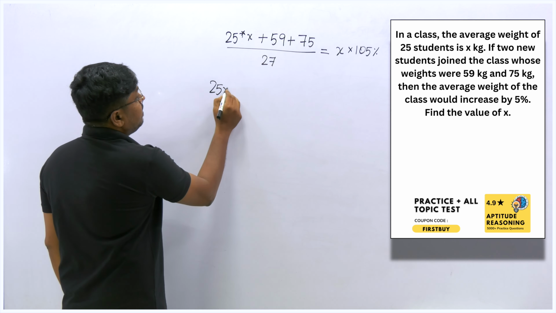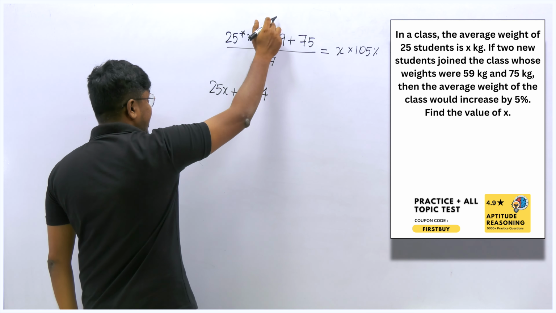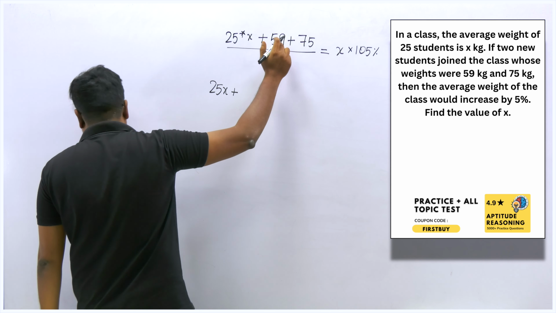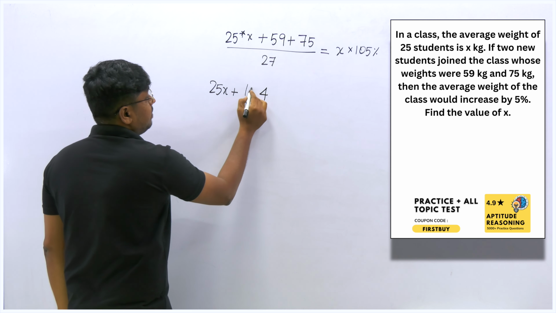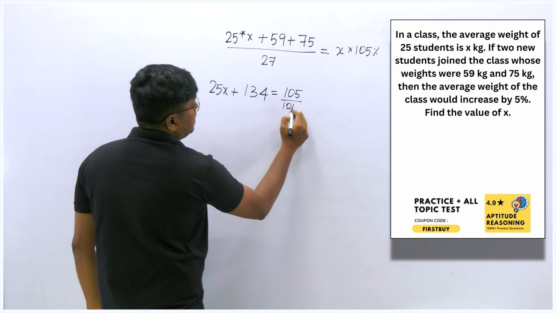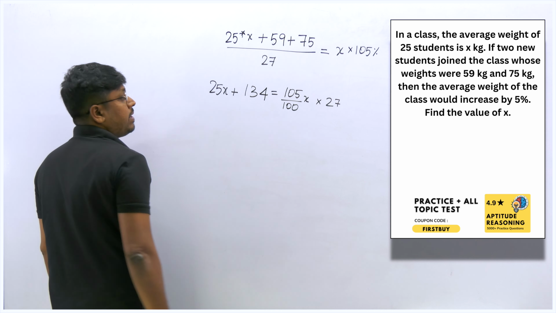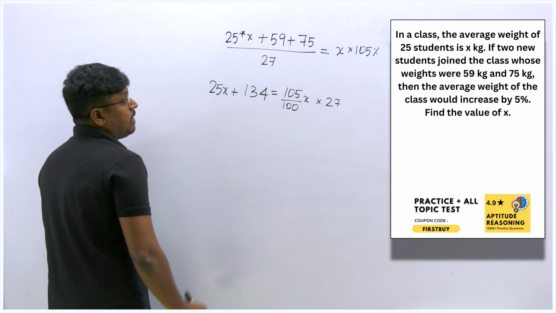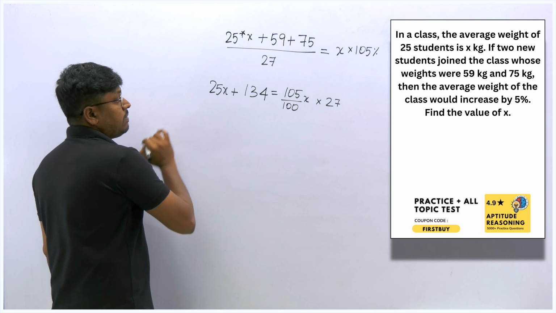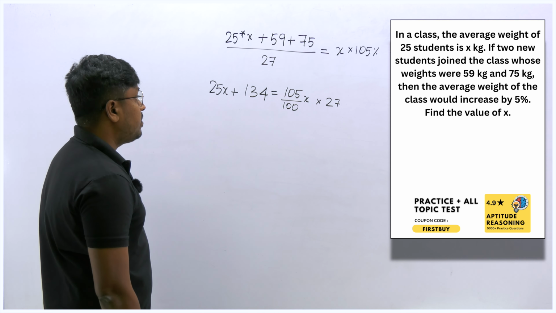So now we can cancel it. This will be 25x plus 75 plus 59, which is 134. So the equation is 25x plus 134 equals 105 divided by 100 times x times 27, right? When you multiply by 27, can we cancel with 25? No, we can't cancel it.